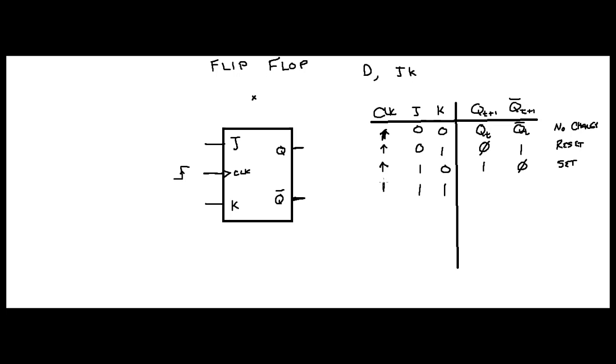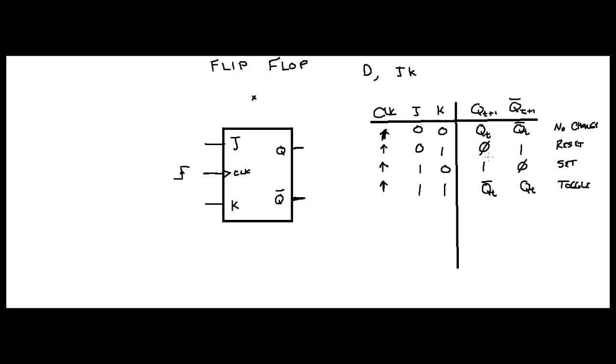What happens there, and you get a pulse. This is going to be called toggle. Now, how that's going to be represented is Q bar T and Q T. Get it?